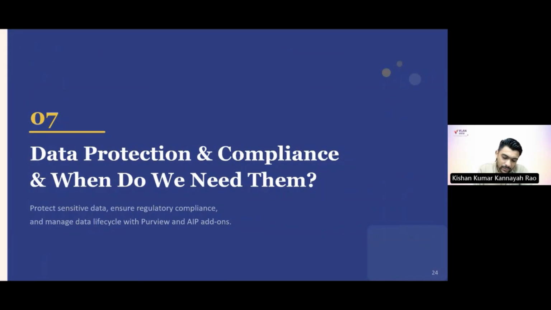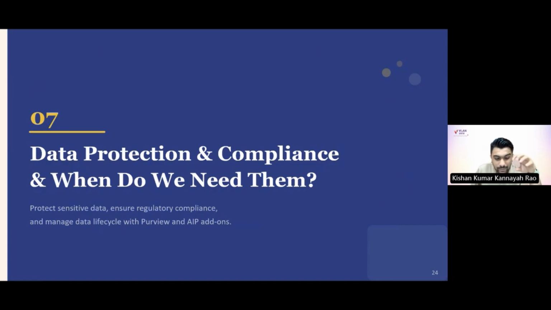Now let's look at the fourth pillar, which is data protection and compliance. When do you need them? What is data protection and compliance, and what does it do differently compared to all the protection that we saw earlier?